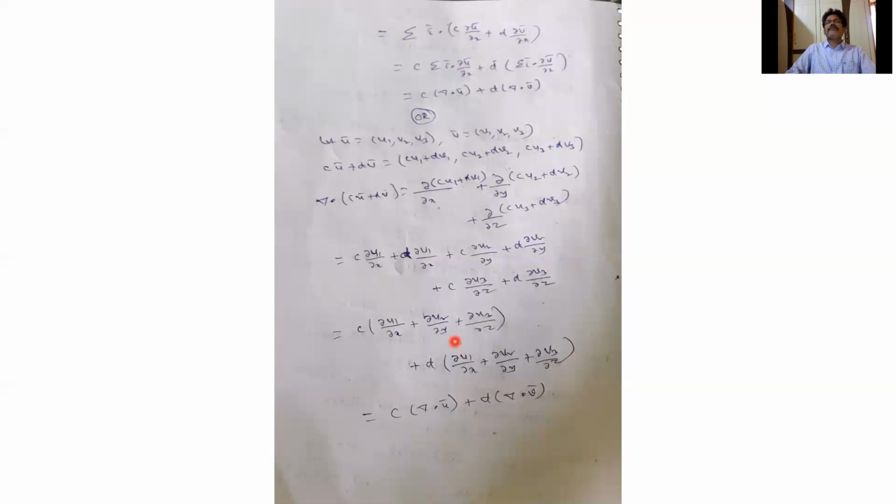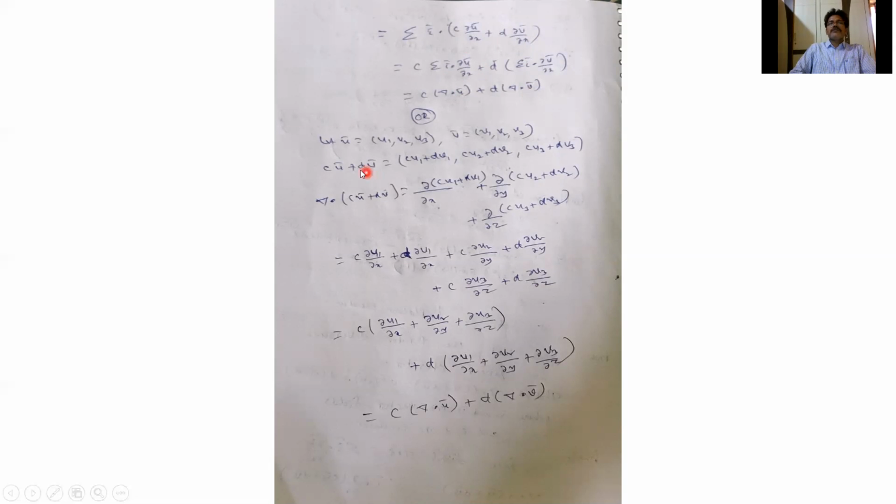So this can be written as c del dot u plus d del dot v.